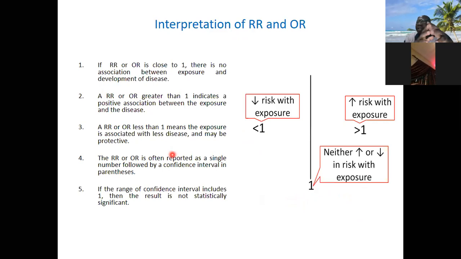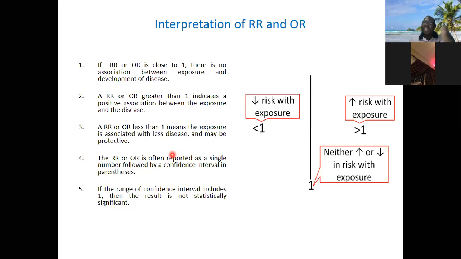If it is 1, you are comparing risk between the exposed and not exposed. You are comparing the occurrence of the disease between the people that are exposed and those not exposed, and you put one over the other. And it's 1. It means that what you put in the numerator and denominator is the same, because when you divide two things of the same value, it will be 1. 45 over 45 is 1. 50 over 50 is 1. 1 million over 1 million is 1.